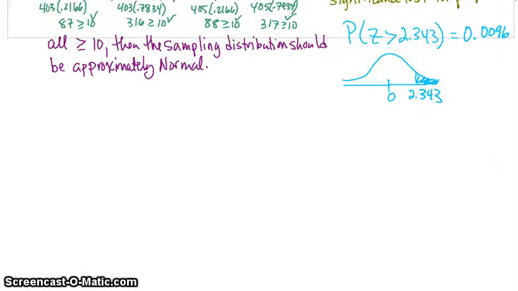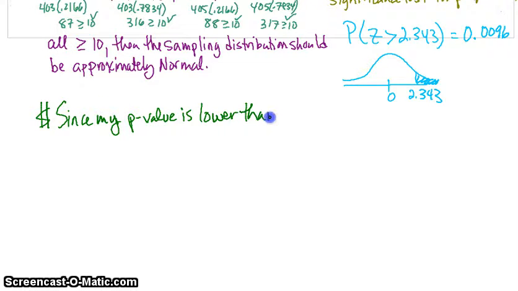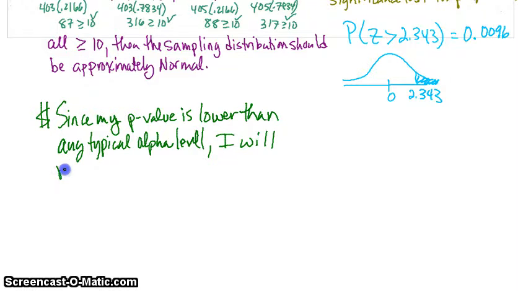All right. And notice we didn't have an alpha level, so when we talk about our conclusion in context now, we can say since my p-value is lower than any typical alpha level, I will reject H sub 0. Now remember, typical alpha levels, 0.1, 0.05, 0.01, and 0.0096 is lower than that, so be careful about your rounding.